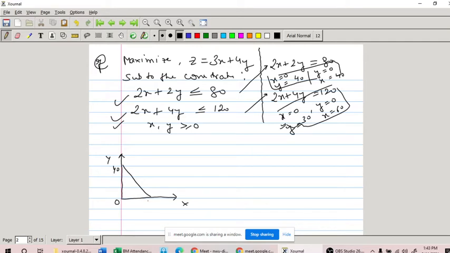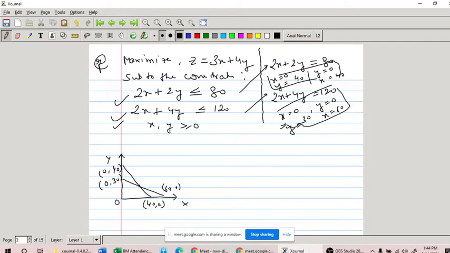This is your 0 comma 40, this is your 0 comma 30, and this is your 60 comma 0. So you have these coordinates, and at the intersection you also have a point.